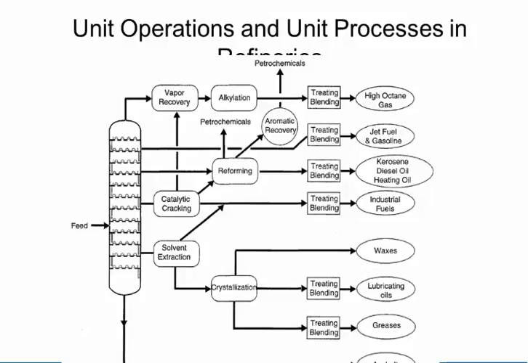I think this is an interesting graphic for understanding what typically happens to crude. Normally with crude oil, right at the top you get your gases, your fuel gases: methane, ethane, propane, all that comes out there.